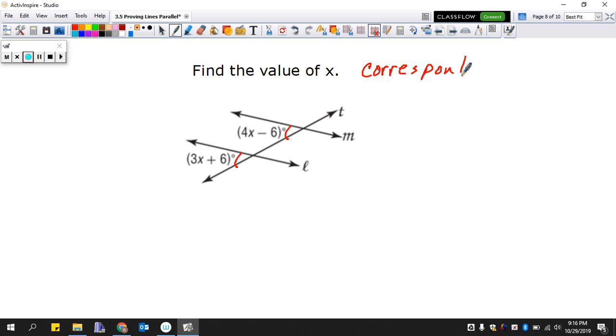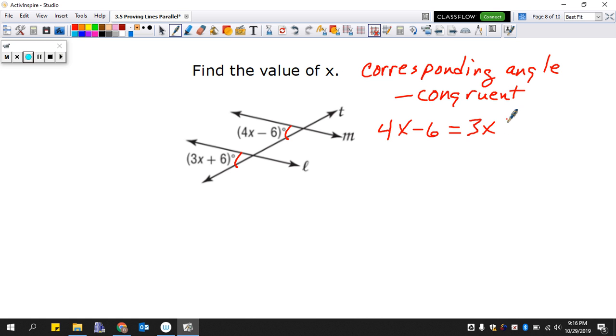Corresponding angles we already know are congruent, so we can set them equal to each other. 4x minus 6 is equal to 3x plus 6. Draw a line.